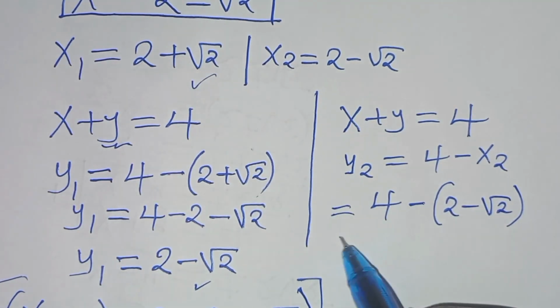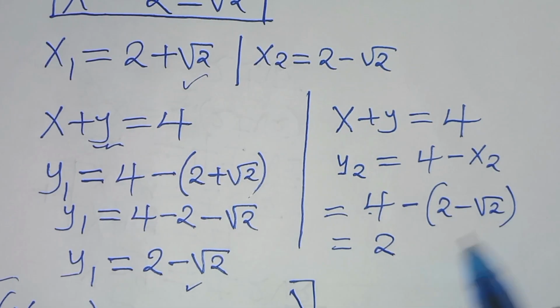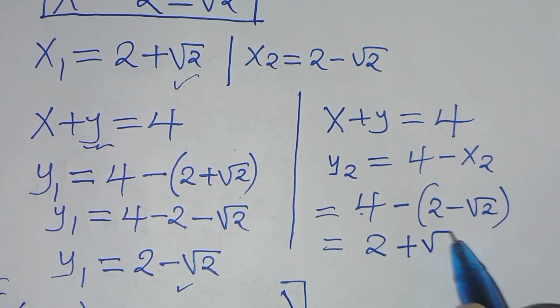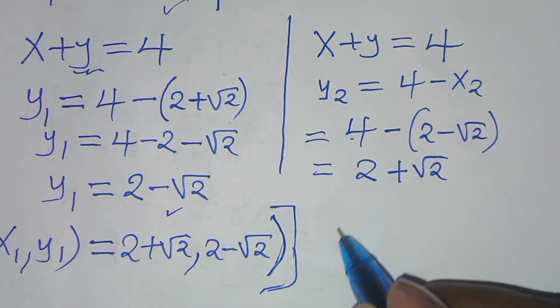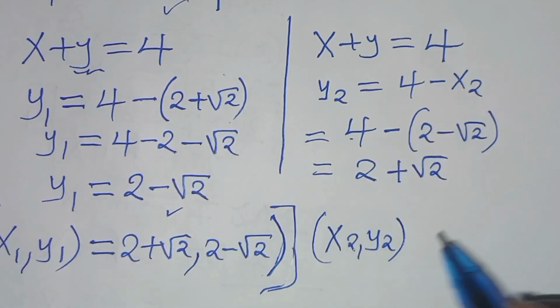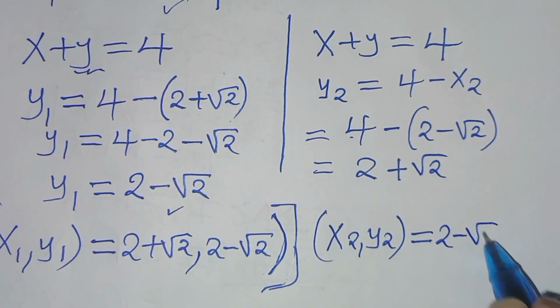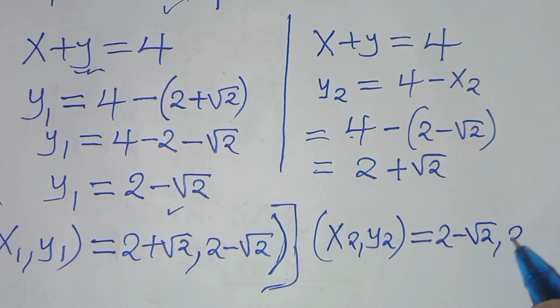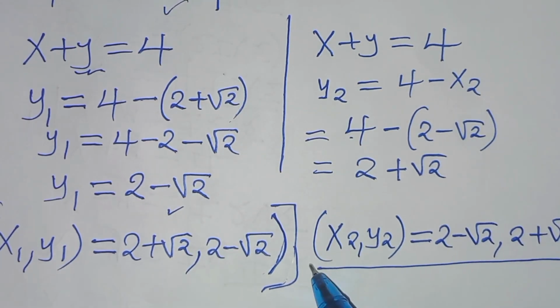This is the same thing as 4 minus 2, this is 2, minus times minus square root of 2, this is plus square root of 2. So this implies that x2, y2 is equal to 2 minus square root of 2, comma 2 plus square root of 2. So this is the second set of solutions.